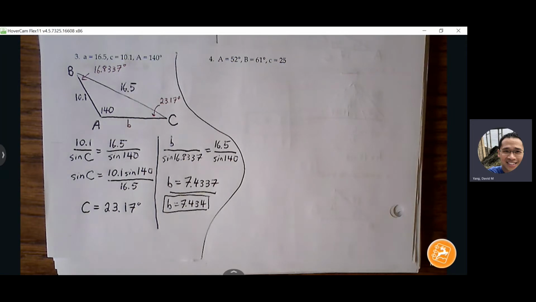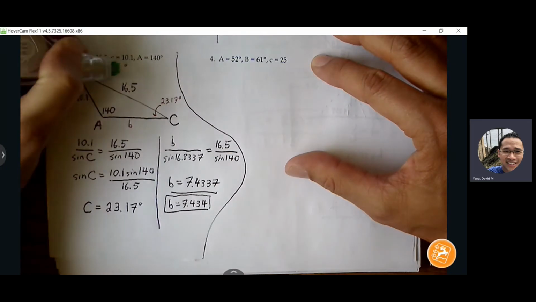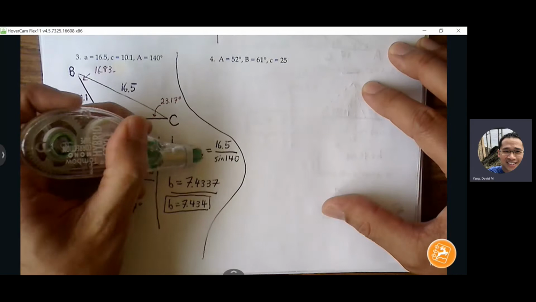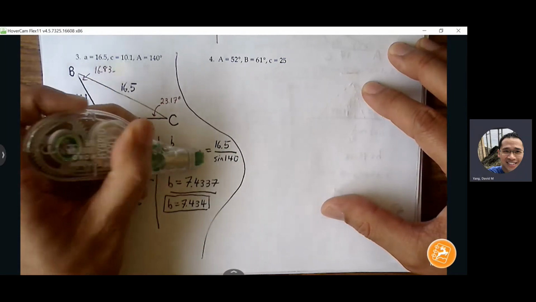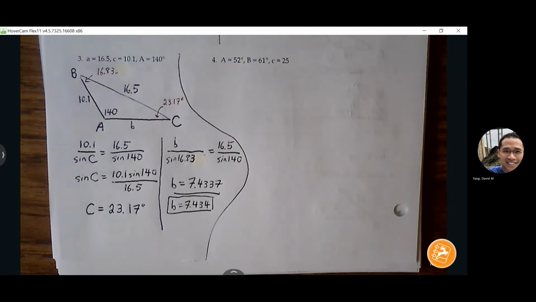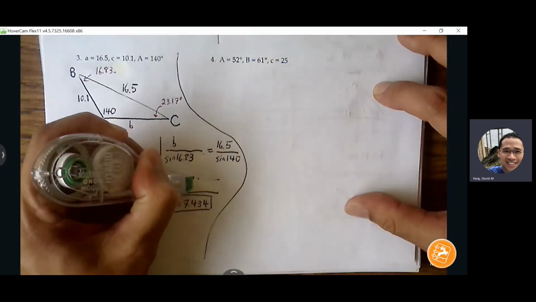Oh, okay, 6.3. Okay, I think that threw off some of the calculations there. Okay, 0.432. Yeah.